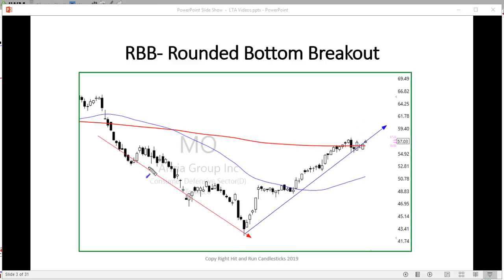Now, I've got straight lines right here, but we all know that price action does not move that way. Price action moves up and back and up and back, to and fro, kind of like waves in an ocean. They just go in and out, in and out.